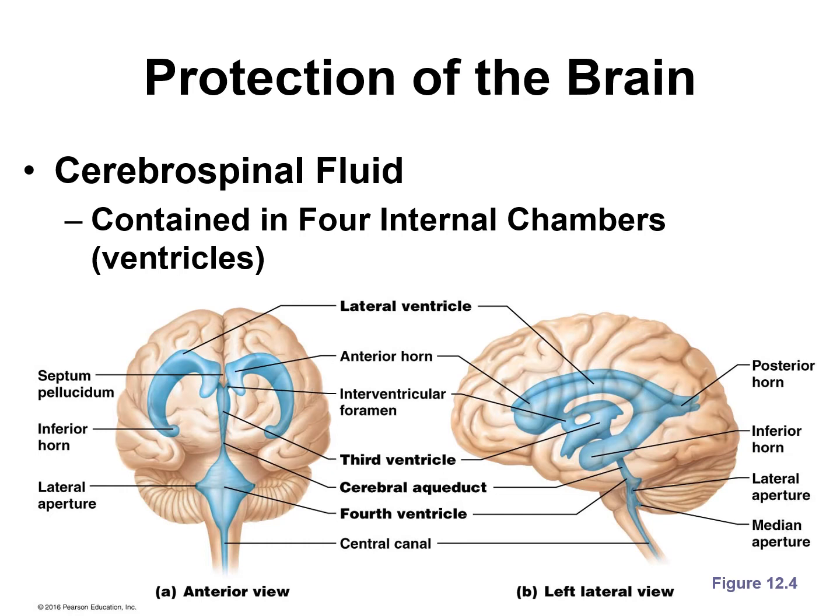Let's talk now about that cerebrospinal fluid. You are looking at an image from your textbook showing an anterior view of the brain and a lateral view of the brain. There are 4 chambers, or I guess you could call them cavities, within the brain, and those cavities are called ventricles.